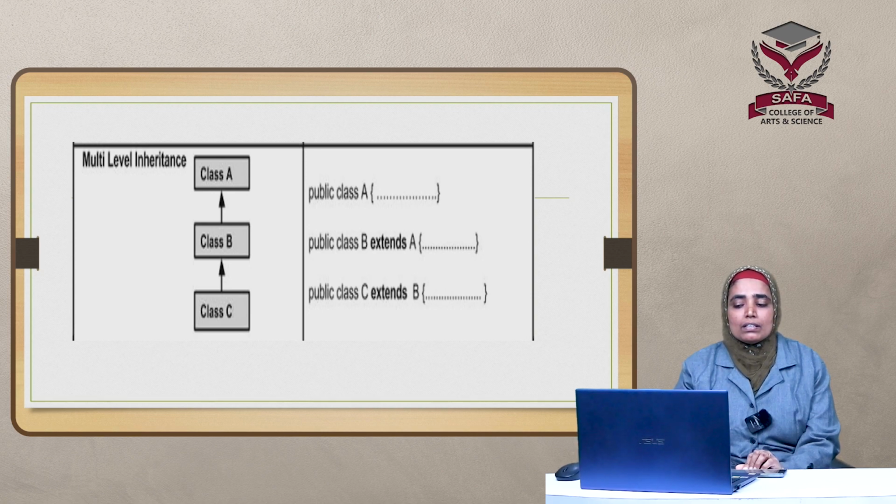Then public class C extends B, opening bracket, declaring variables and methods goes here, then close the bracket. Here B is a derived class of A as well as base class of C.